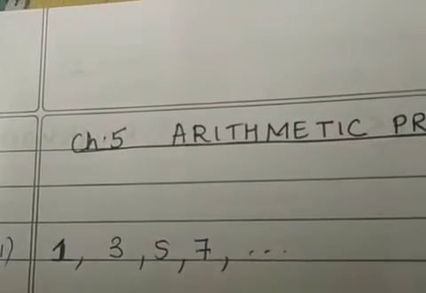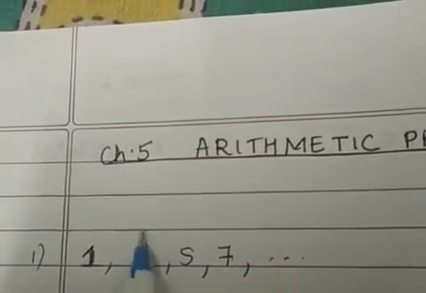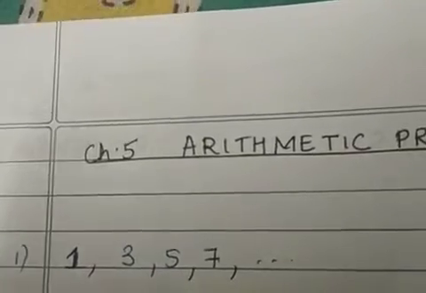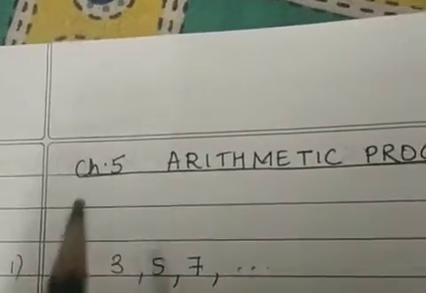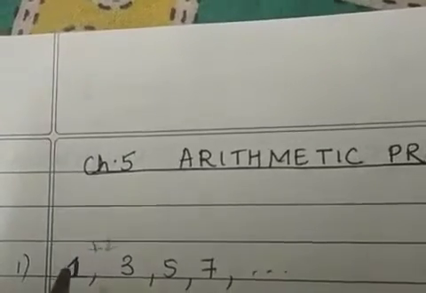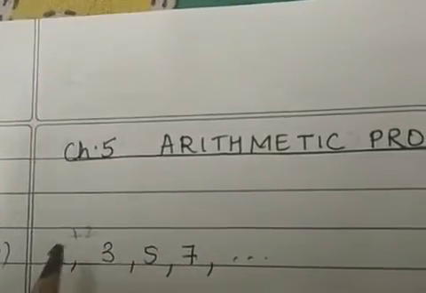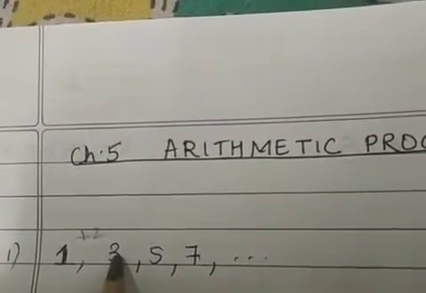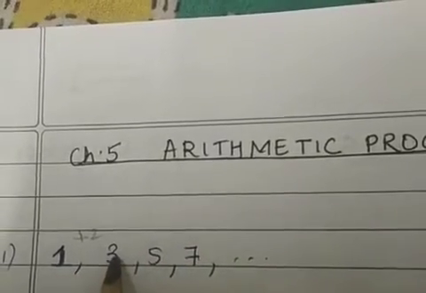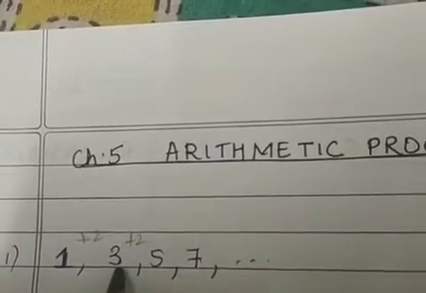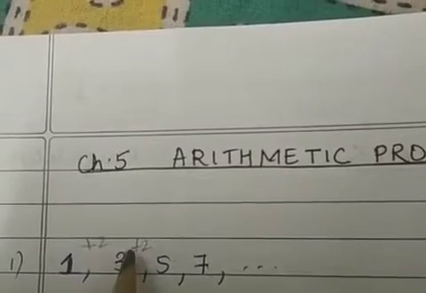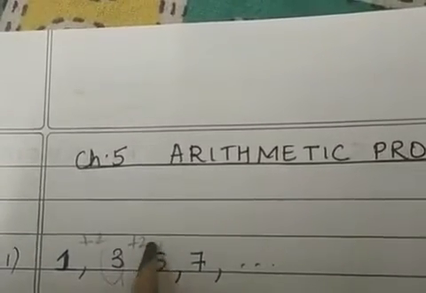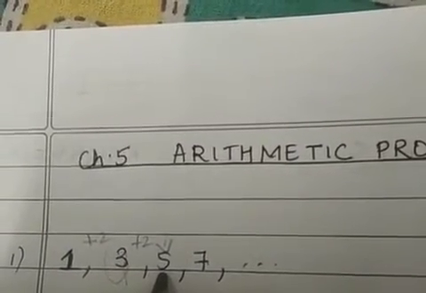If you see, I get the second term by adding 2 to the first term, correct? When I add 2 to the first term, I get the second term. Similarly, if I add 2 to this number 3, then I get the next number which is 5.